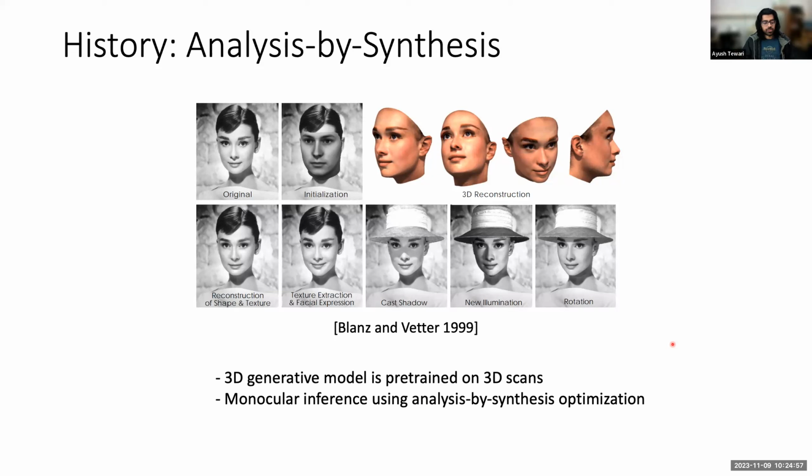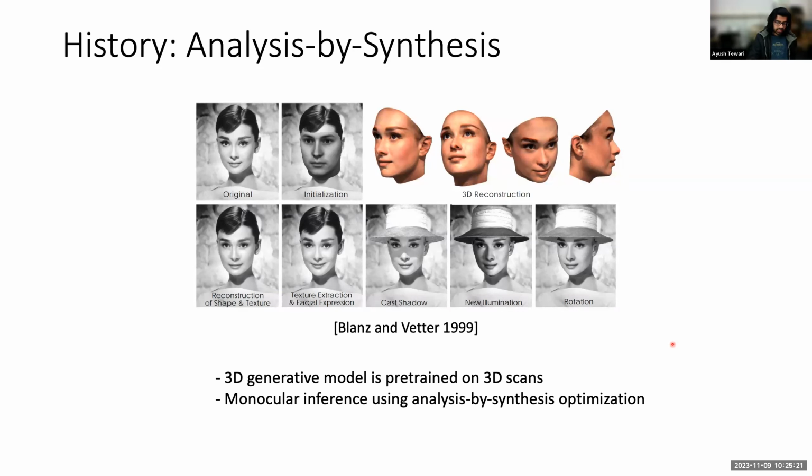And once you have this, you do some inference, again, typically using some search or analysis by synthesis optimization process. And with that, you can get really good results for some specific instances, specific classes of problems. So for human faces, Blanz and Vetter showed that you can get really nice results. You have to do a bit of manual initialization, but the results look pretty good.